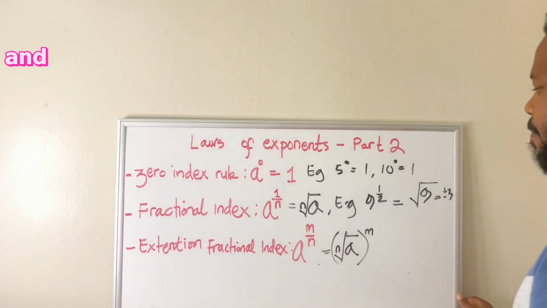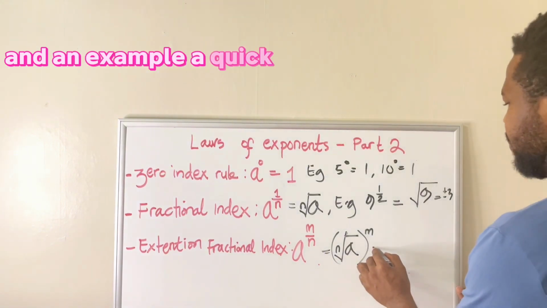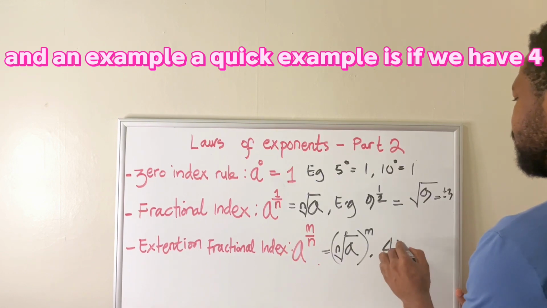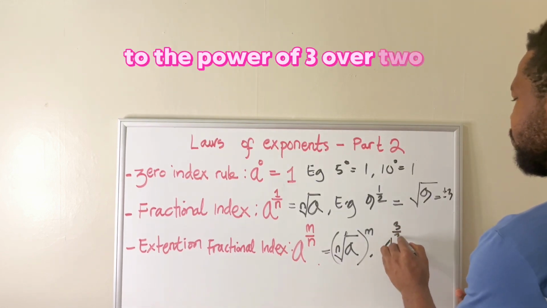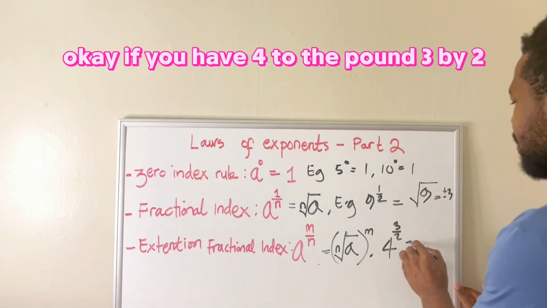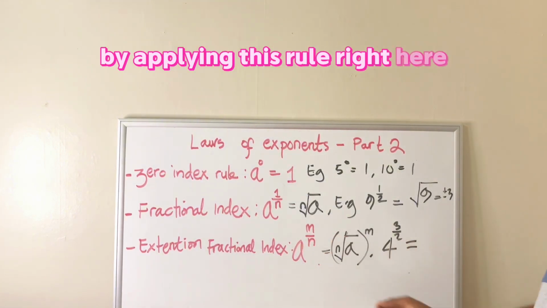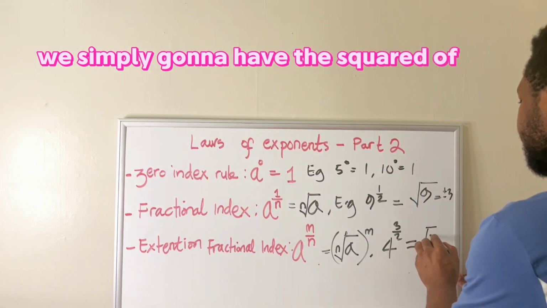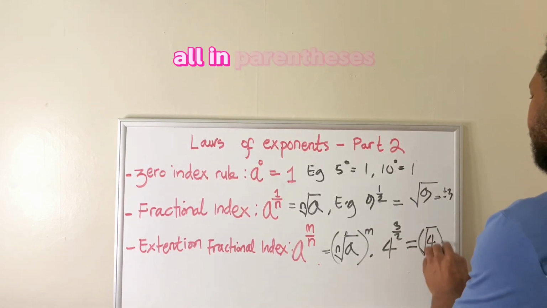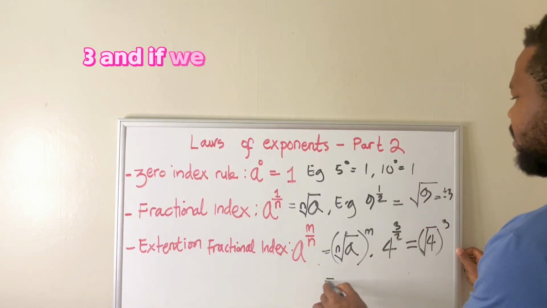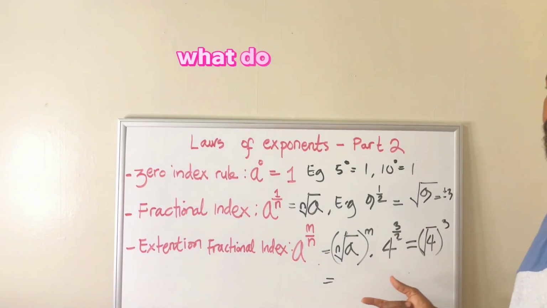A quick example is if we have 4 to the power of 3 over 2. Okay, if you have 4 to the power of 3 over 2, by applying this rule right here, we're simply going to have the square root of 4, all in parentheses, to the power 3. And if we simplify this right here, what do we have?